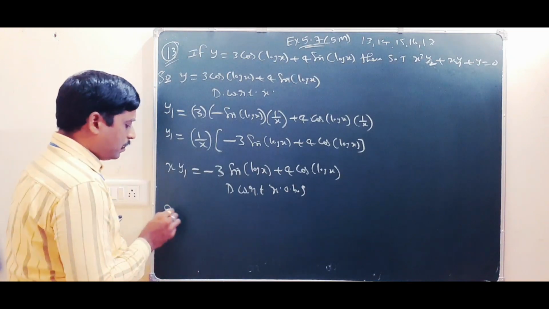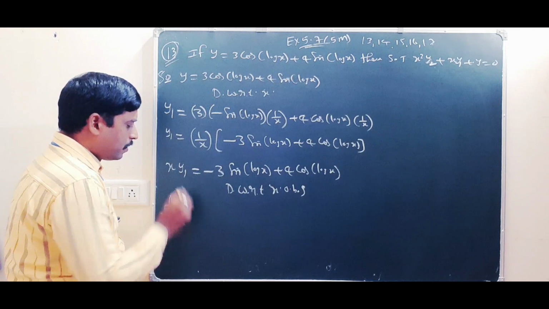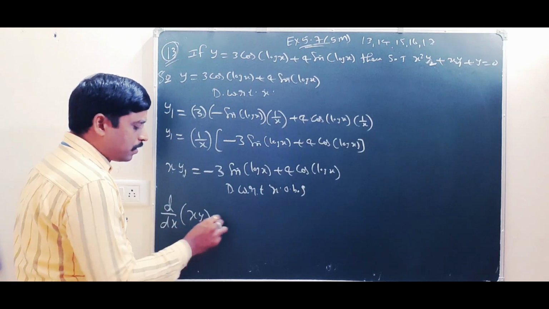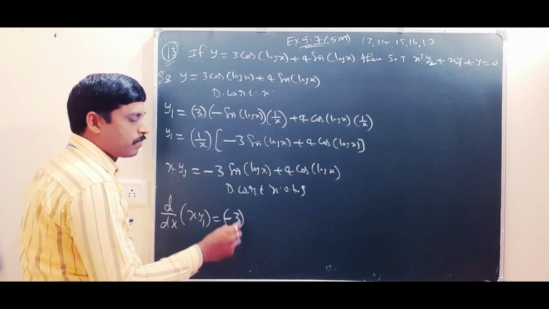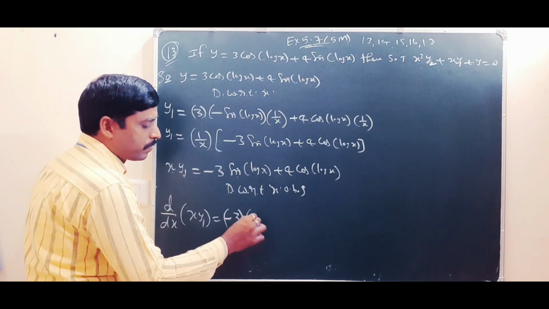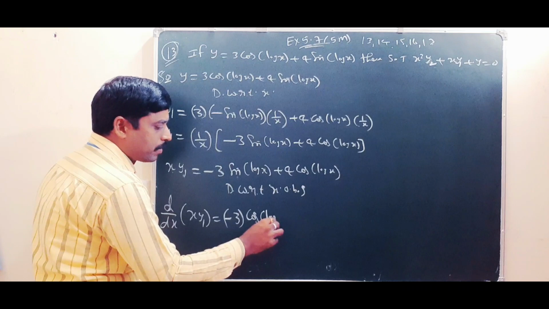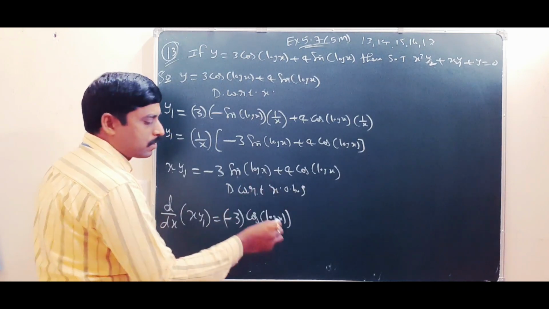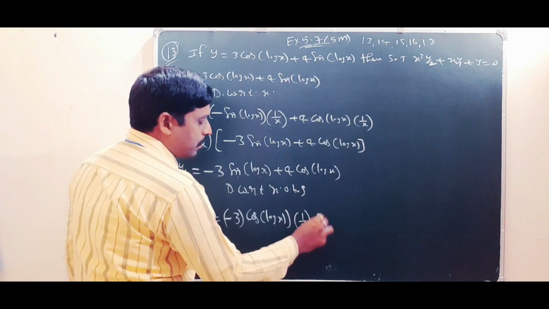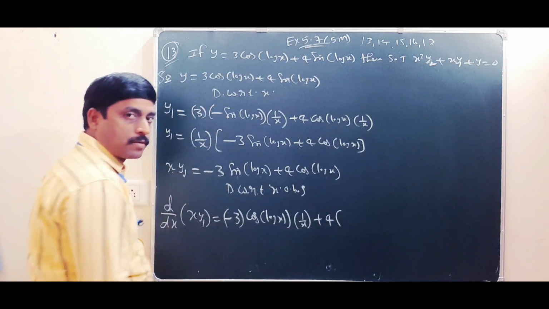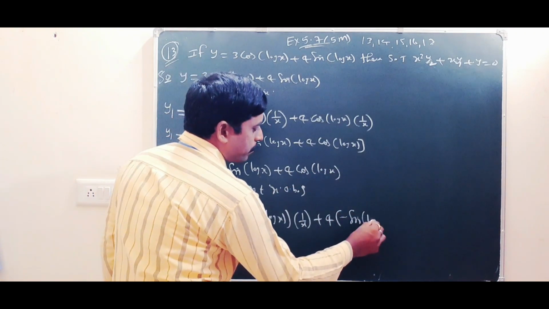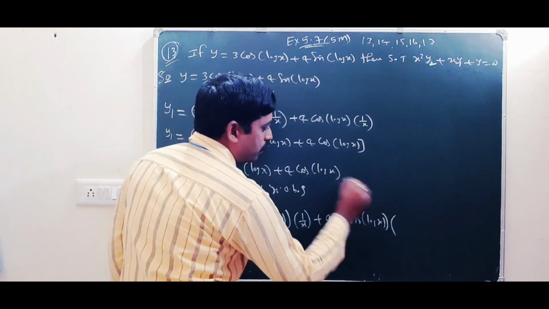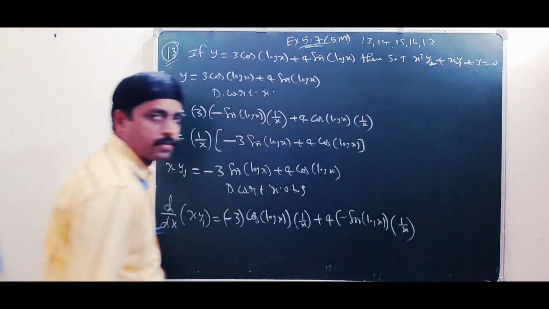So d by dx of xy1 equals minus 3 constant, differentiation of sin log x gives cos log x into differentiation of log x, which is 1 by x. 4 into differentiation of cos log x is minus sin log x into differentiation of log x, which is 1 by x.